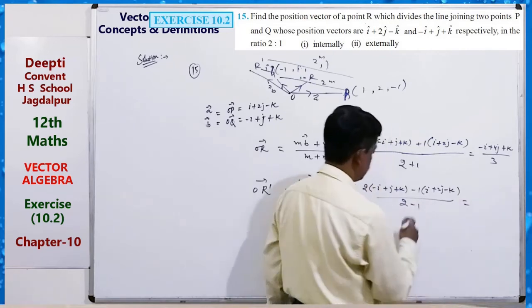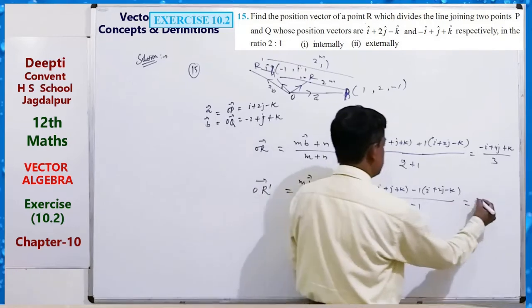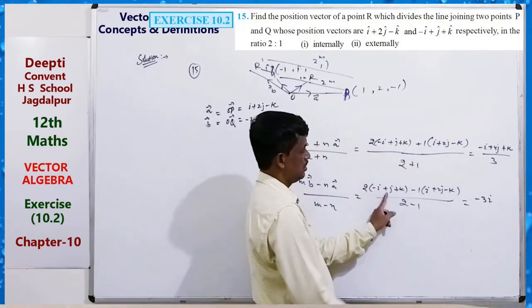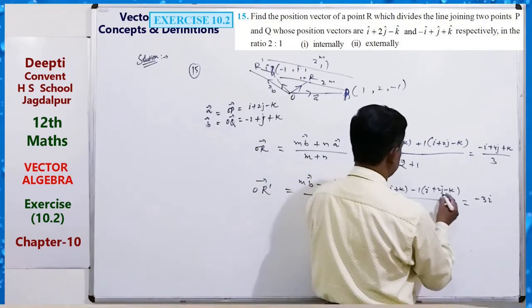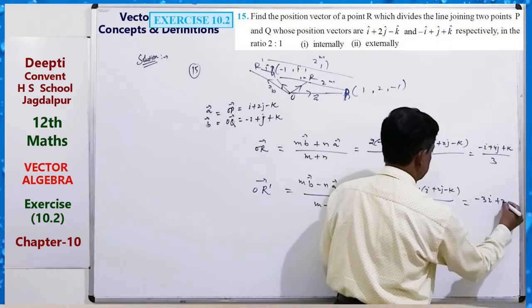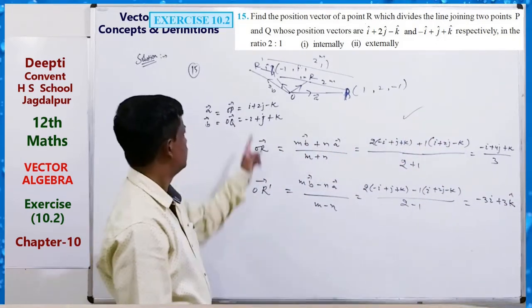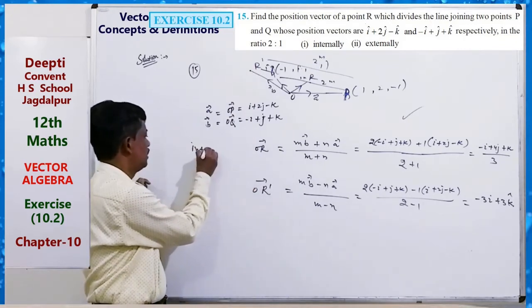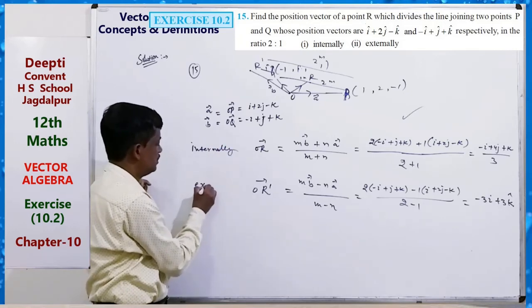Here we get minus 3i, j minus 2j is minus j, and 2k minus 1 plus 3k. So this is the answer. Externally this, internally this.